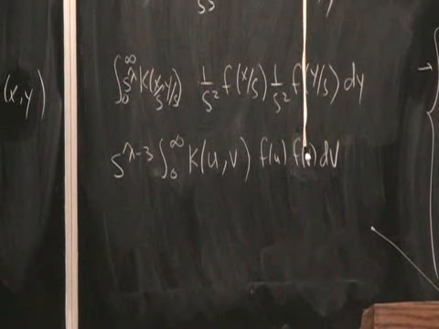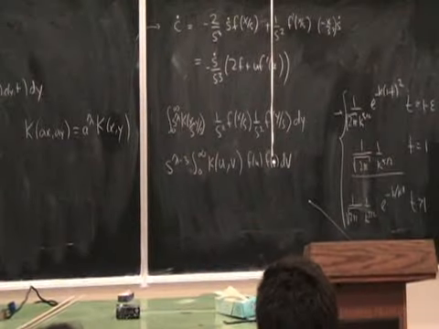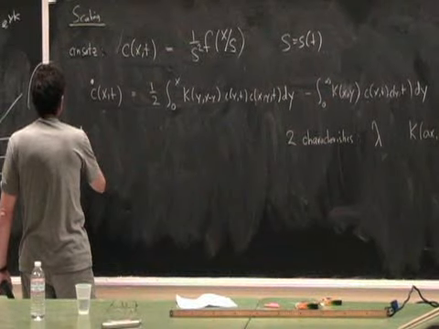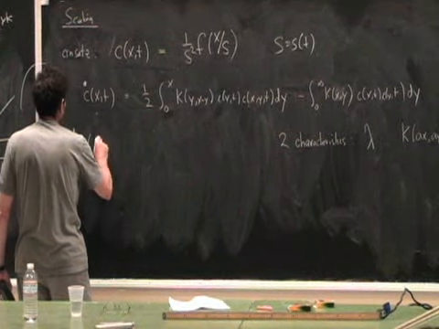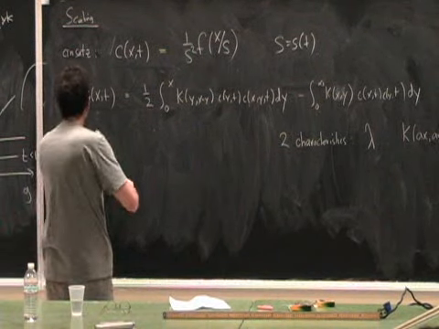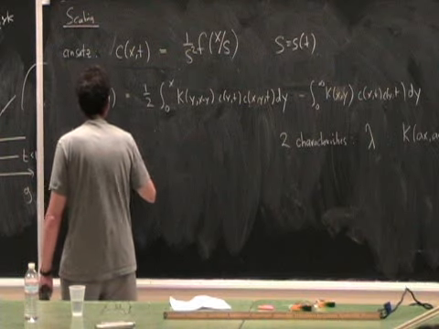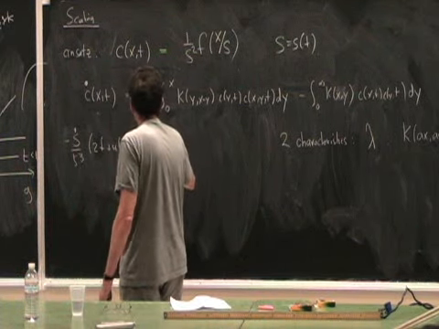So if I come back over here now, let's forget about this for a moment. So here what we have is minus s dot over s cubed, f, we have 2f plus u f prime. And on the right-hand side, I'm going to have 1/2.